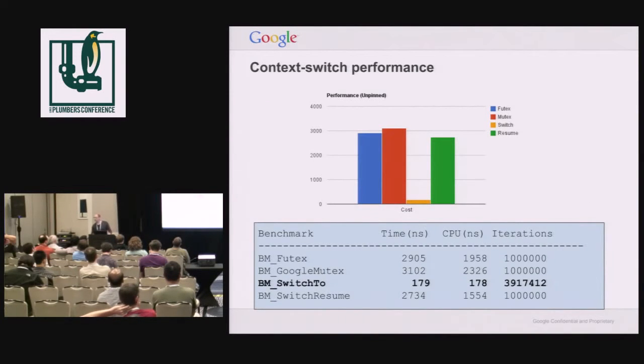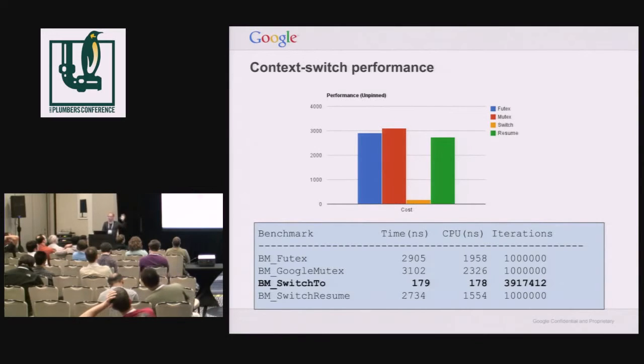So how fast can you actually get it going? It turns out pretty fast. This is the unpinned case, but this is actually representative of what you'll see in a server, because in a server you typically don't pin, since you want the natural ability to consume the capacity. Google Mutex is our implementation of a mutex. We have our own internal one.